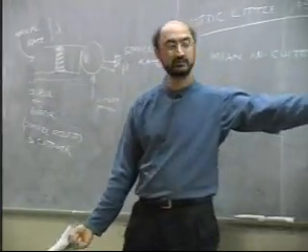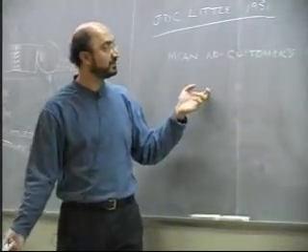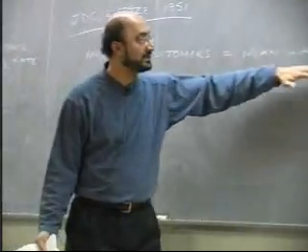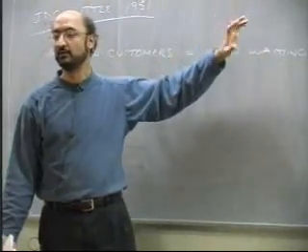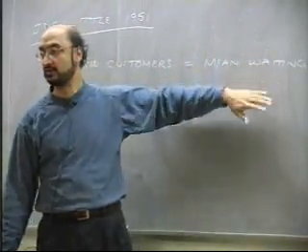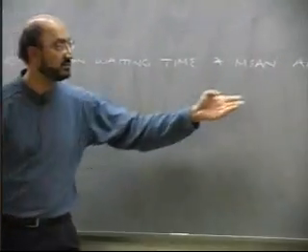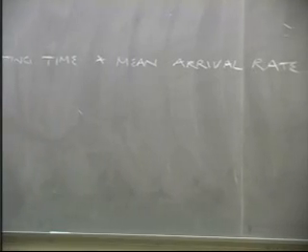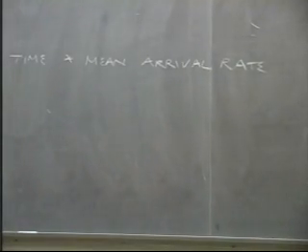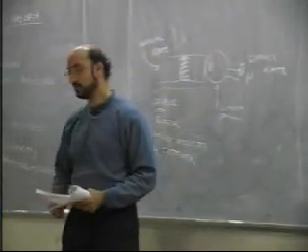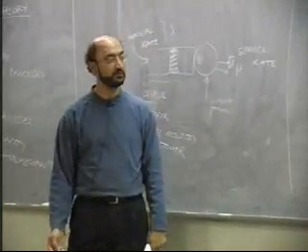Yet, this relation holds true because the waiting time encapsulates all of the variations in service. The mean waiting time averages across all possible variations in service, and the mean arrival rate averages across all possible variations in arrivals. So this equation is essentially insensitive to these two things, which is wonderful.